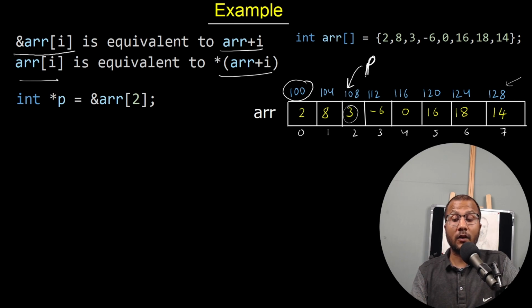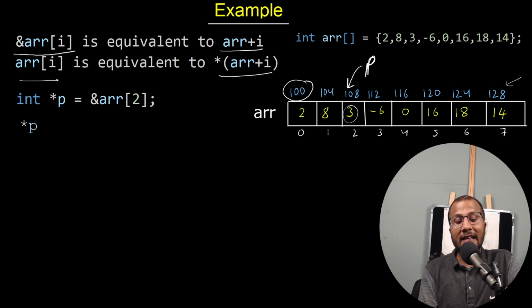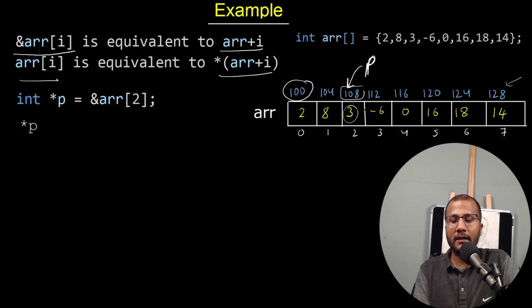Not 1008, it is 108. So p is the pointer holding the address of the element at index 2. So p is 108. What happens if I write asterisk p? Asterisk p is what is inside p. Inside 108, the value is 3. So asterisk p is equivalent to 3.